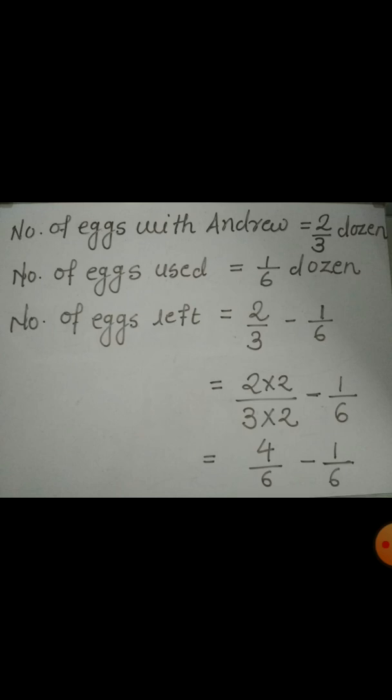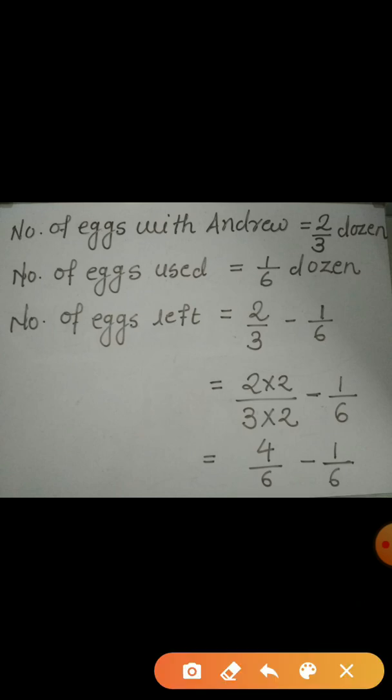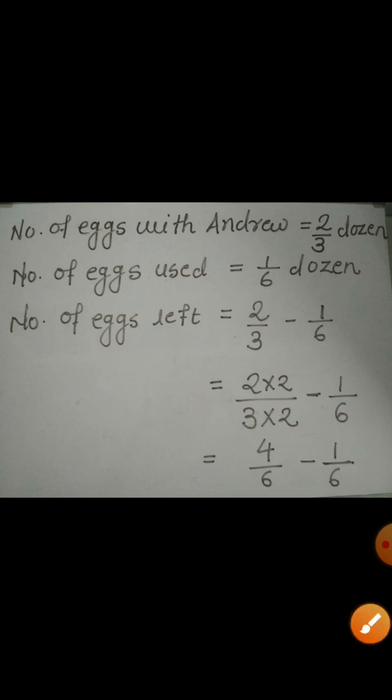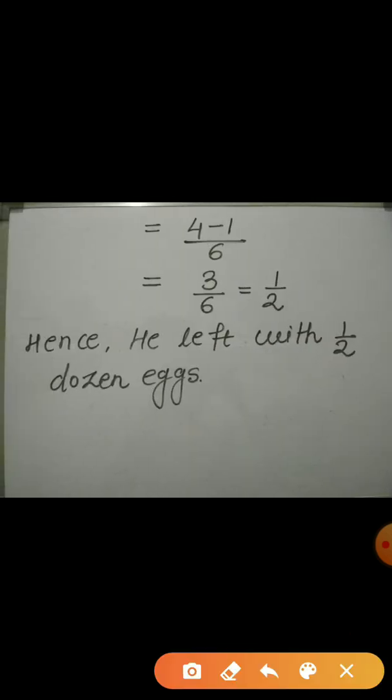And how to subtract like fractions? To subtract like fractions, we subtract the numerators and copy the denominator, right? So here you can see I have subtracted the numerators, that is 4 minus 1, and I copied the denominator. Now 4 minus 1 is equal to 3 and the denominator is 6. Hence the fraction is 3 by 6.